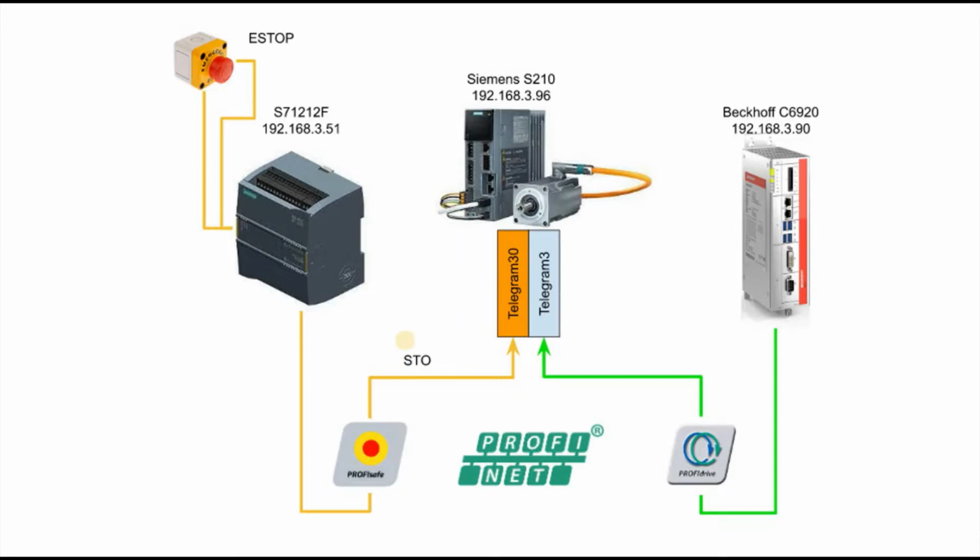In this part, I will add Telegram 30. Telegram 30 is a Profisafe telegram that lets you trigger STO, a safety integrated function inside your drive. But the problem now is my Beckhoff C6920 cannot control the Profisafe Telegram 30. So what can we do?